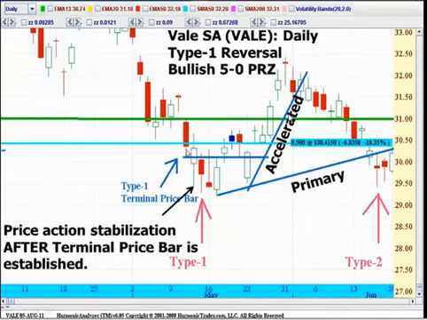Now we would break this down, but looking here at the next price bar, we're looking for this stabilization in this area of 30-40, and remember, we're utilizing our area just past the 618 as a stop loss, so our stop loss is probably under 29. So even though we required some consolidation here, what we're looking at is taking action on the next price bar after that terminal price bar is established.